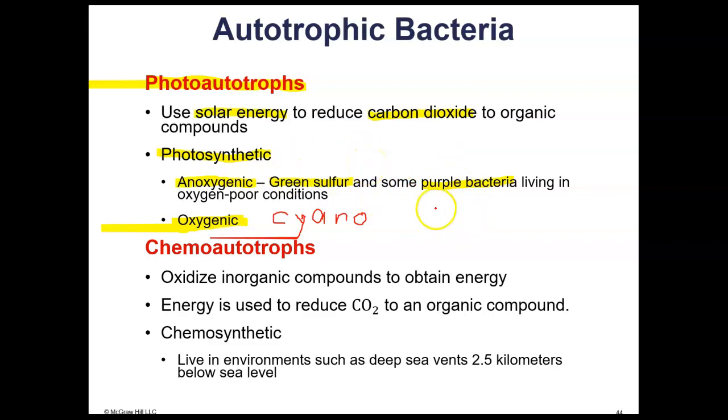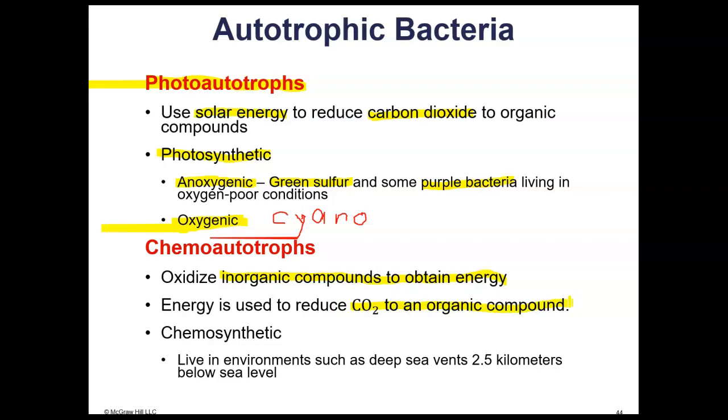Then we have chemoautotrophs, and these use the energy from chemicals to convert carbon dioxide to carbohydrate. So the energy comes from inorganic compounds instead of sunlight. But they still take carbon dioxide and convert it into carbohydrate.